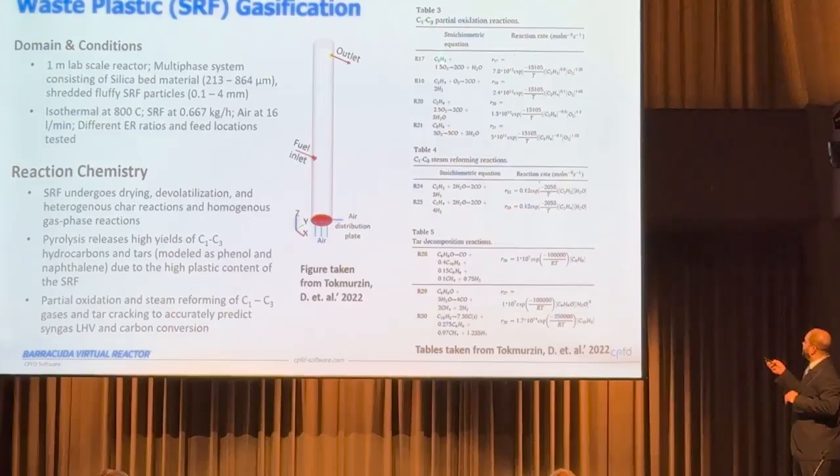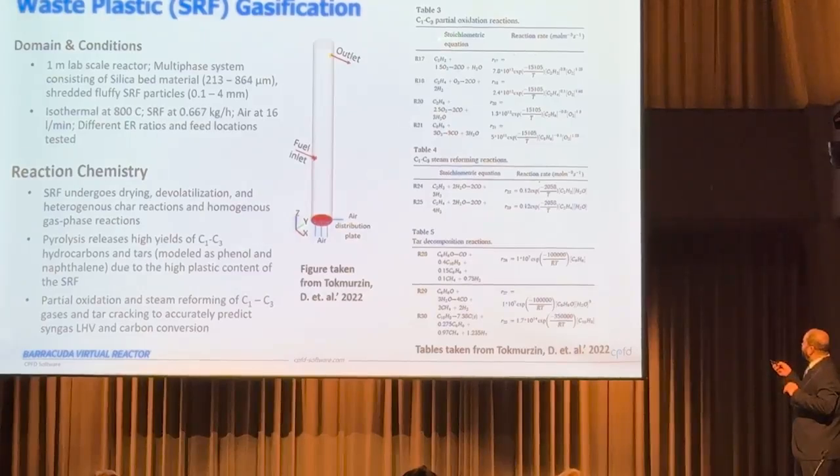So you have these C1 to C3 hydrocarbons, C2H2, CH4. There are about 18 or 19 reactions just for these in the paper. But the key idea is that pyrolysis releases high yields of C1, C2 hydrocarbons and tars.